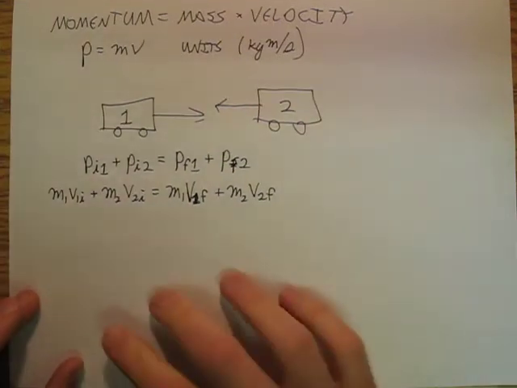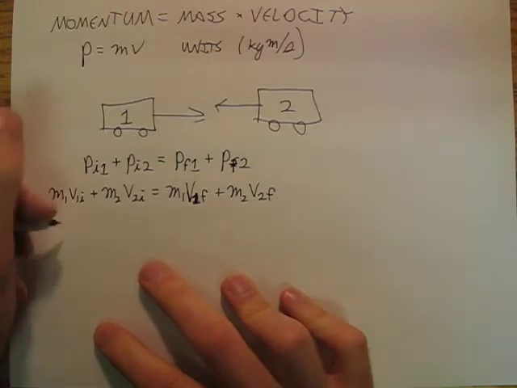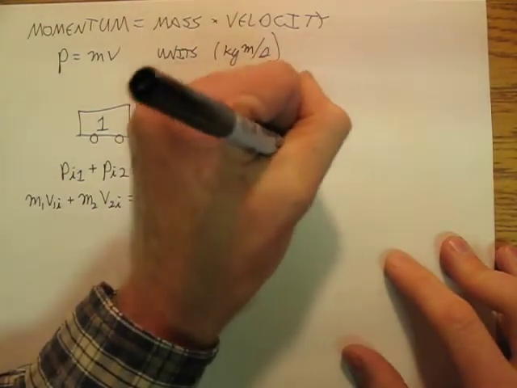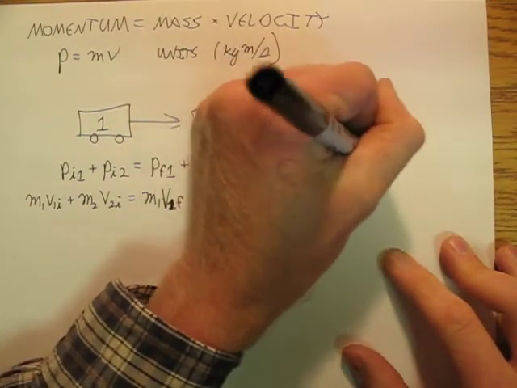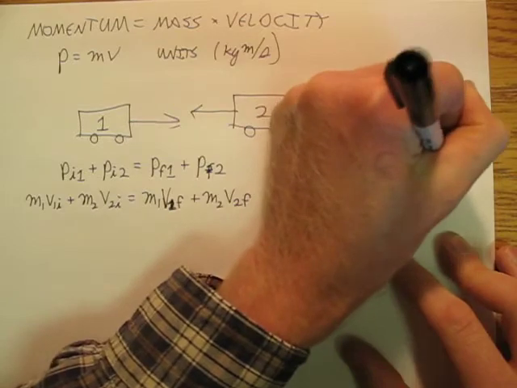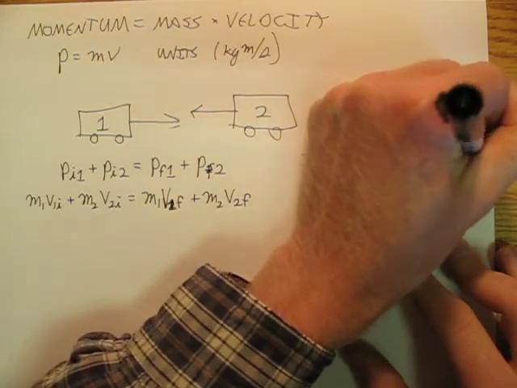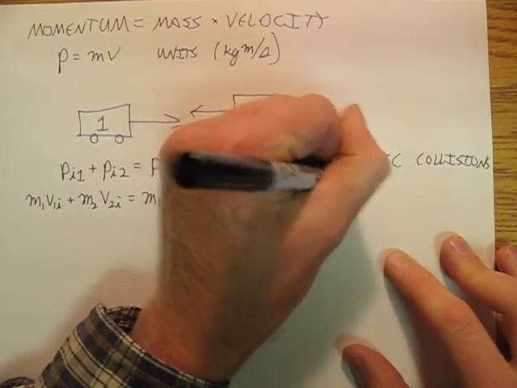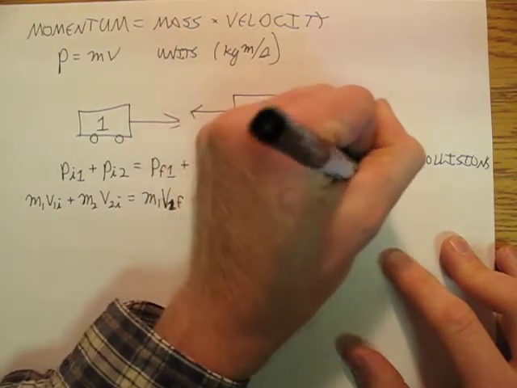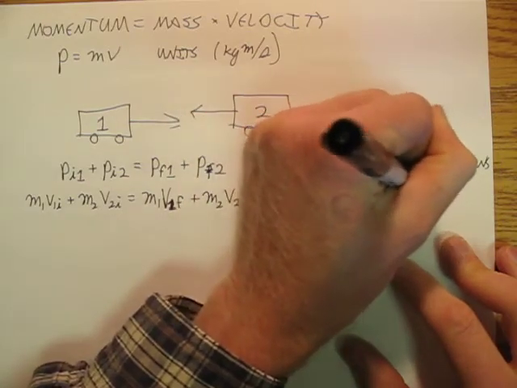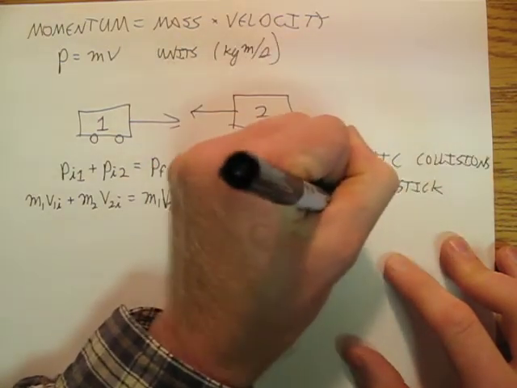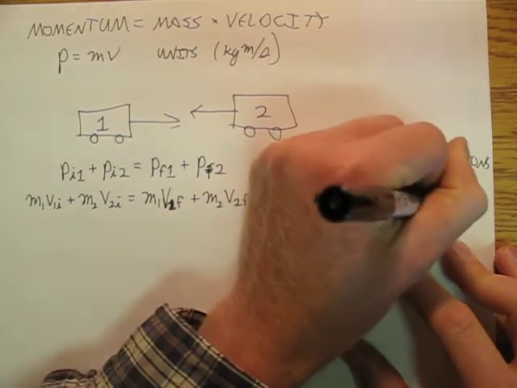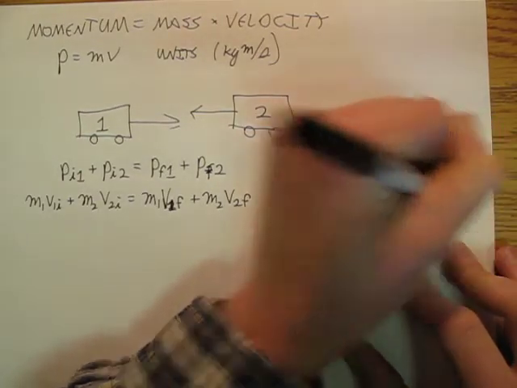Okay, so now we're going to start off, and the first thing that we're going to talk about is inelastic collisions. And in an inelastic collision, the objects stick together after the collision.